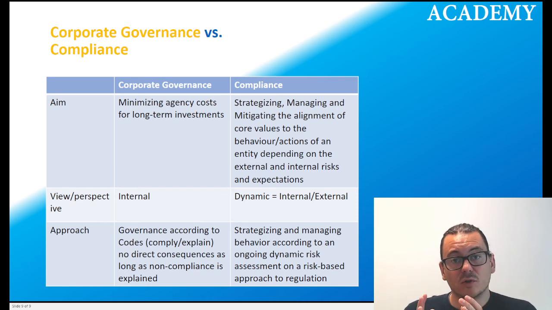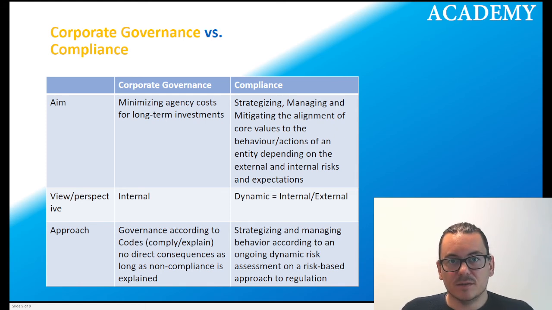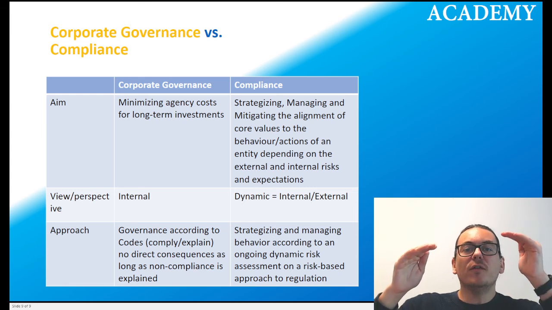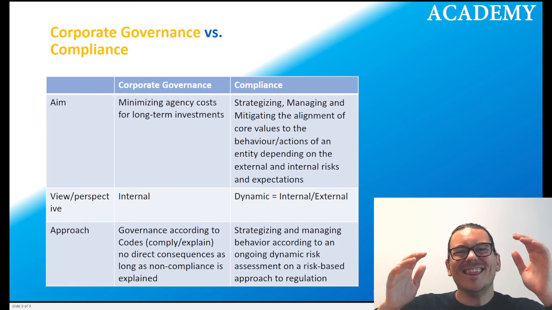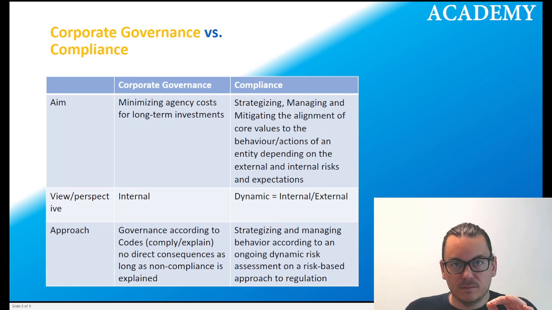Instead of using corporate governance codes, the new thing that we do is base it on risk. We use risk-based regulation. And by using risk-based regulation, you enforce the mechanisms and the aim of regulation on the companies.